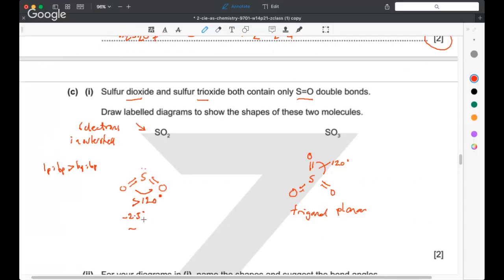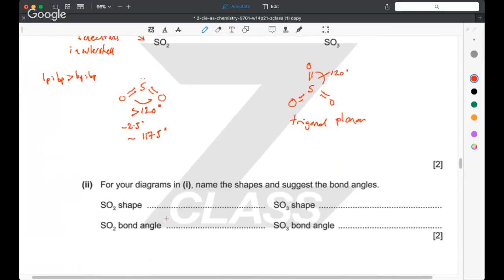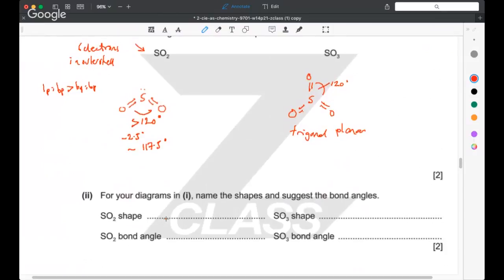So we would estimate that the bond angle here is 117.5 degrees. And so we've kind of got ahead of ourselves a little bit here. So the SO3 shape was trigonal planar. This shape here, well, you don't need to look at the lone pair of electrons there. That shape there is V-shaped, isn't it? And the bond angle over here, that was a straight 120 degrees.